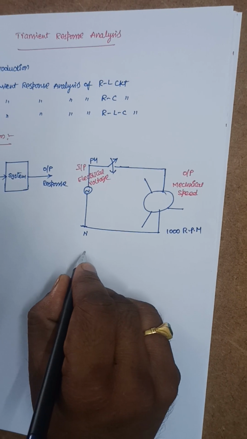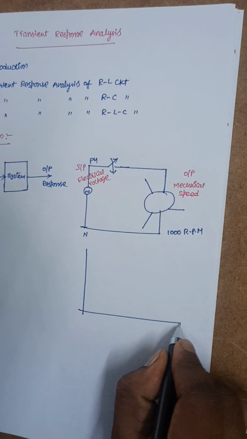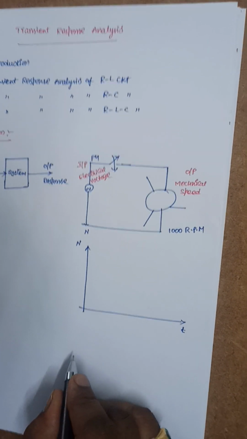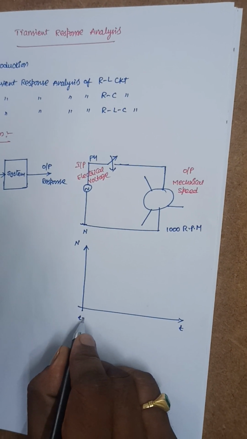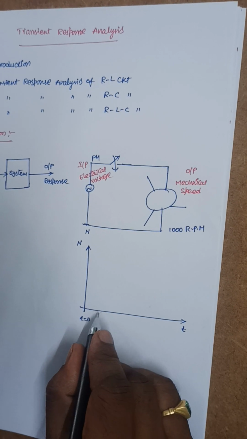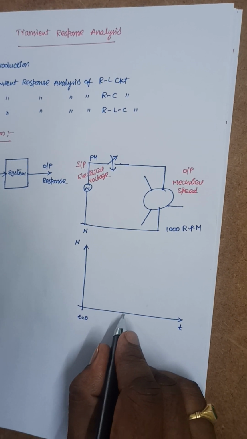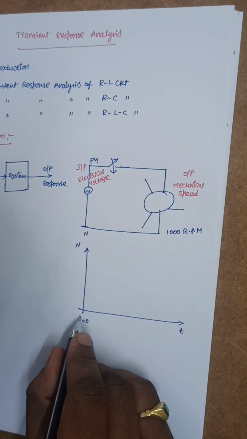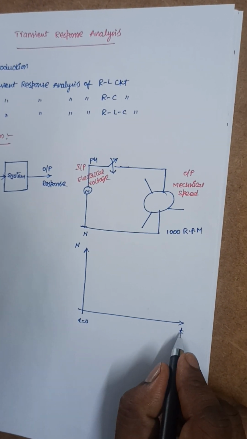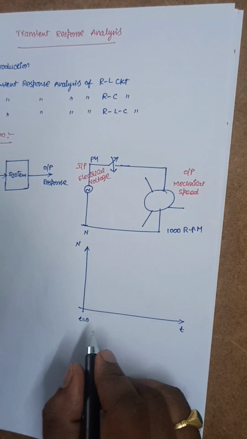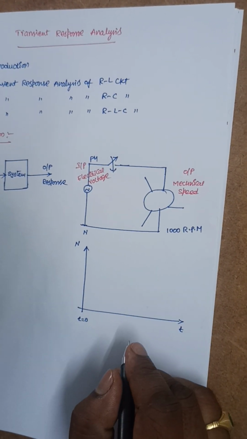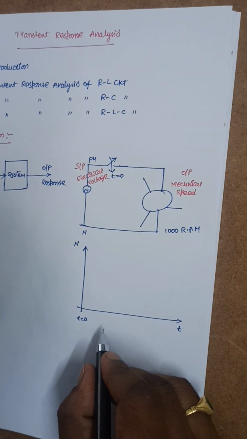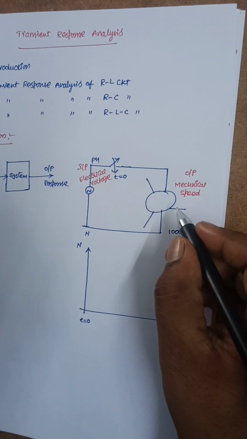That means if we draw the graph between the speed versus the time, t is equal to 0, this is the time here, 1 second, 2 seconds, 3 seconds, and so on up to 30 seconds. In the x-axis I am taking time as the parameter, in the y-axis speed of the fan is the parameter. Whenever I switch on the fan at t equal to 0, it is trying to rotate.